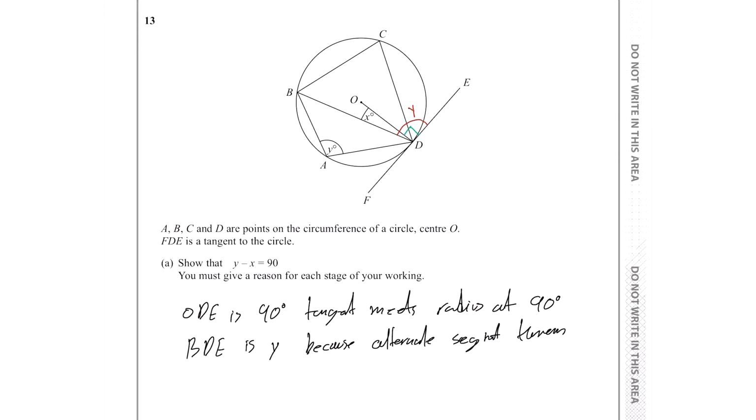And now, in order to work out this bit, we have y and then we have x there, so that's the 90 is the green bit.